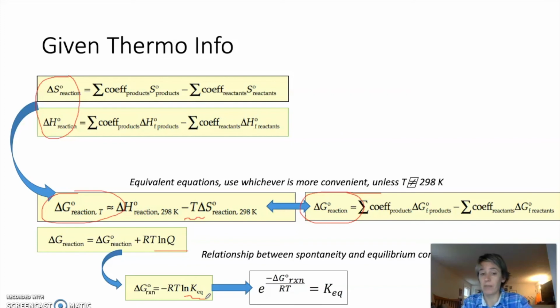That can be written either to solve for K or to solve for delta G. So there's a lot going on here with these equations, but I think they are very usable. How they all fit together is the big picture, the more challenging thing conceptually.